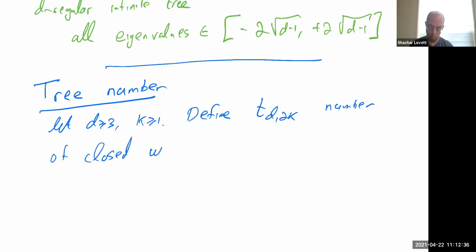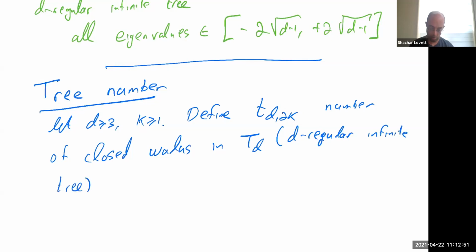This is the number of closed walks in T_d, which, to remind you, is how we denote the d-regular infinite tree, that start and end at the root.